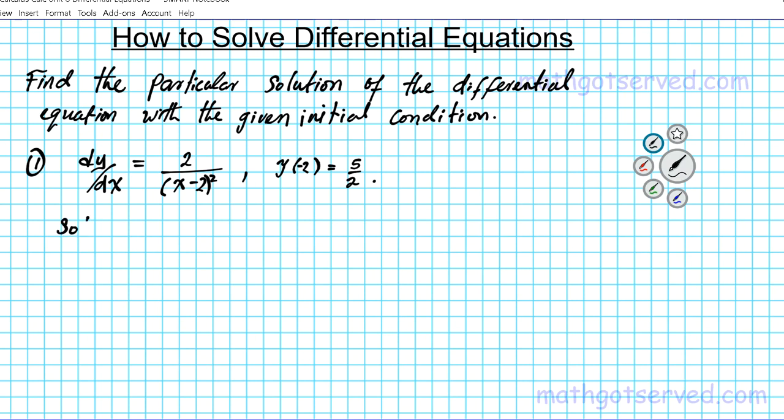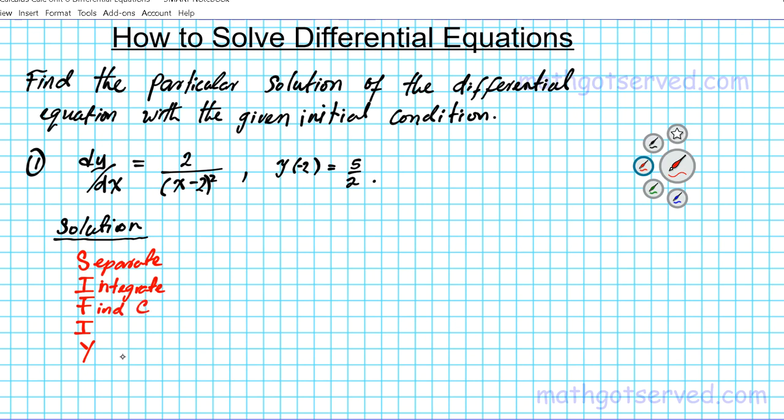Whenever you're solving differential equations using separation of variables, we're going to be using the SICI method. What does SICI mean? Basically, you separate, and then you integrate the separated equation, and then you find c.